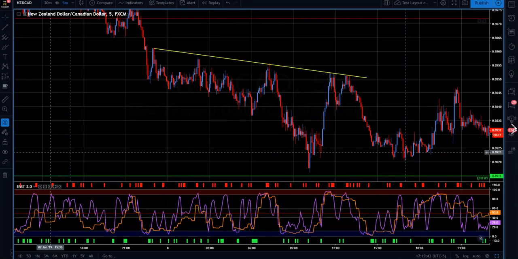The first one here is just a downward move, and we have a trend line on the top. This would be considered a sell opportunity. And here's the interesting thing about trend lines for good pips.